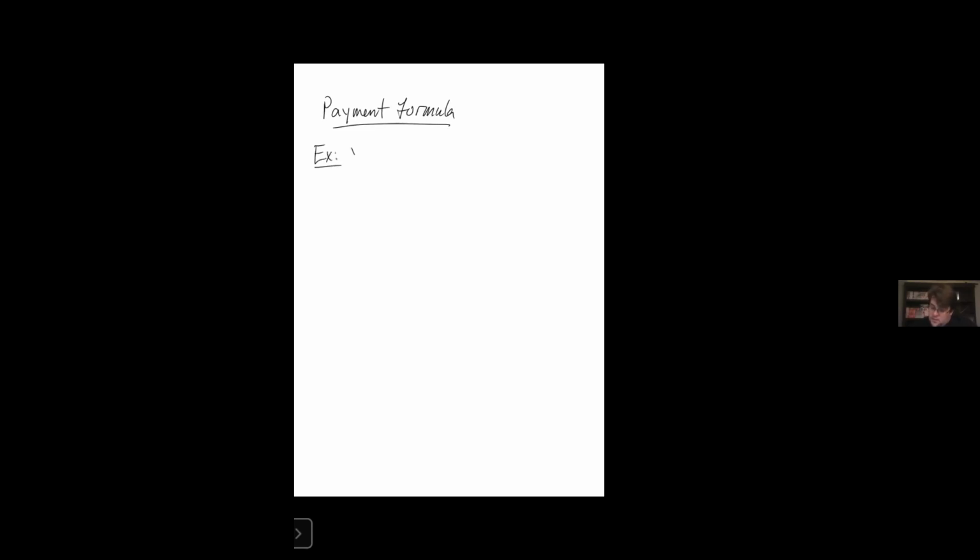So let's just look at this example. You wish to accumulate $15,000 over 18 years using an account which earns 5% per year, compounding monthly.